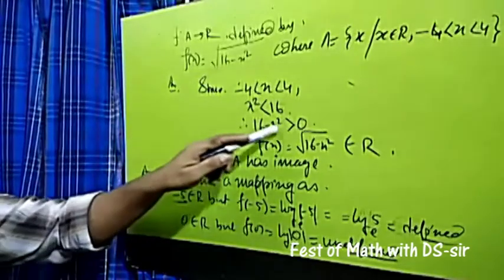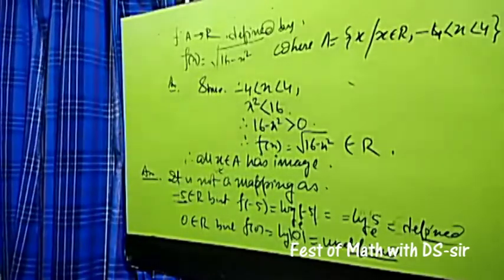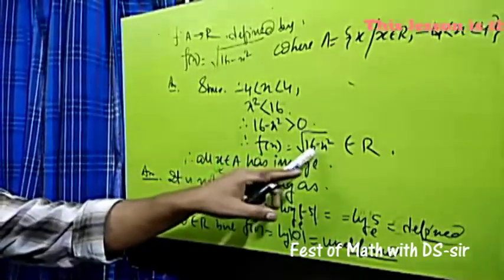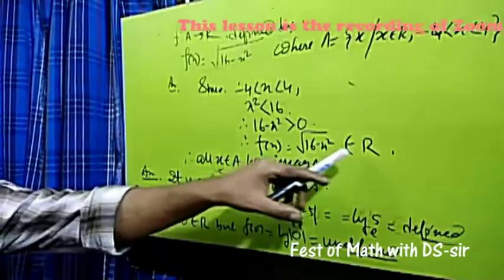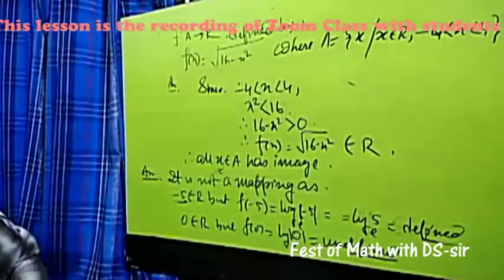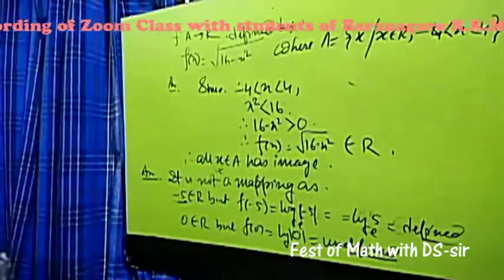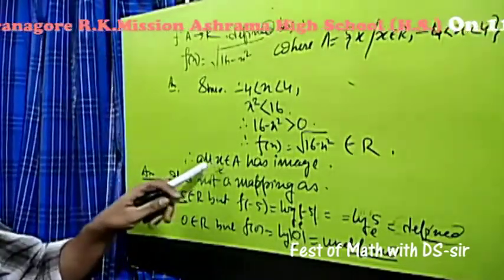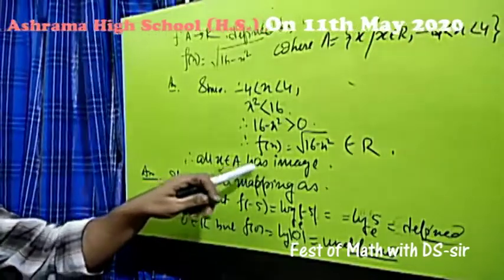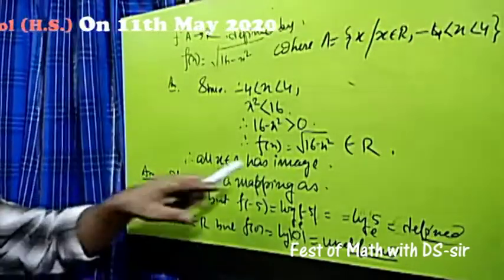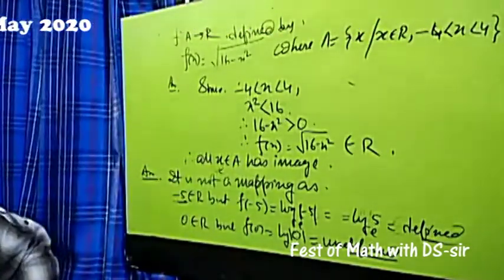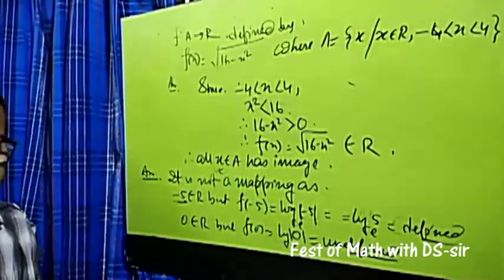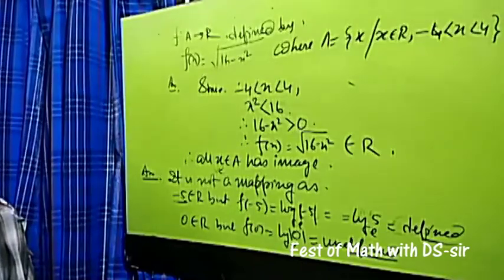So 16 minus x square is always positive. So f(x) is the square root of 16 minus x square, being the square root of a positive number, it always belongs to R and has a unique value. So all x belongs to A has a unique image. You have to add the words unique image. So in this case, f becomes a mapping.